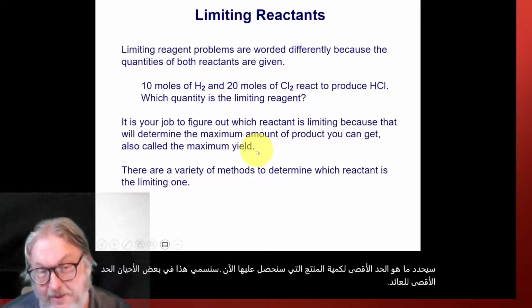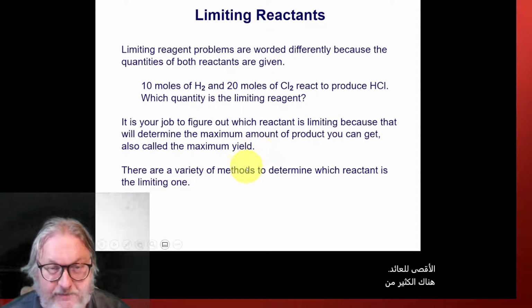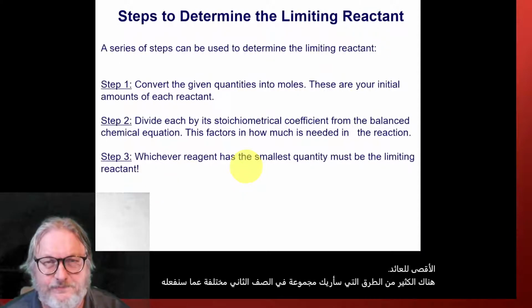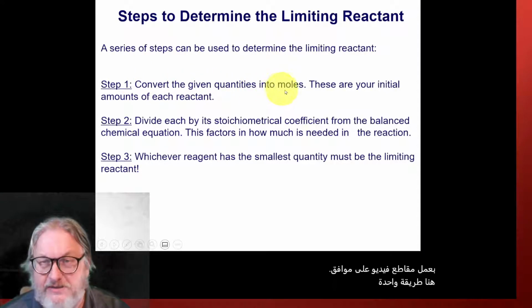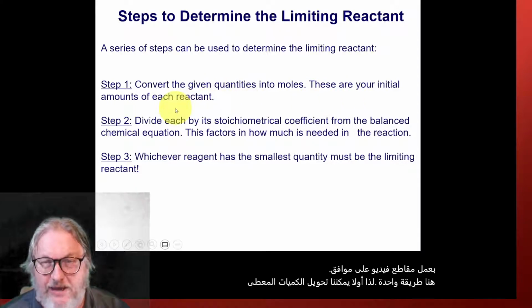Now there's a lot of methods, and I'm going to show you a bunch in class, different than what we're going to do on the video. And I might make videos of them. Here's one way. First we convert the given quantities into moles. These are your initial amounts of each reactant.